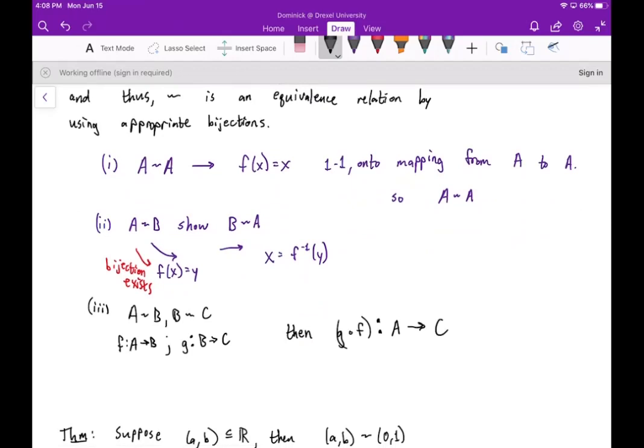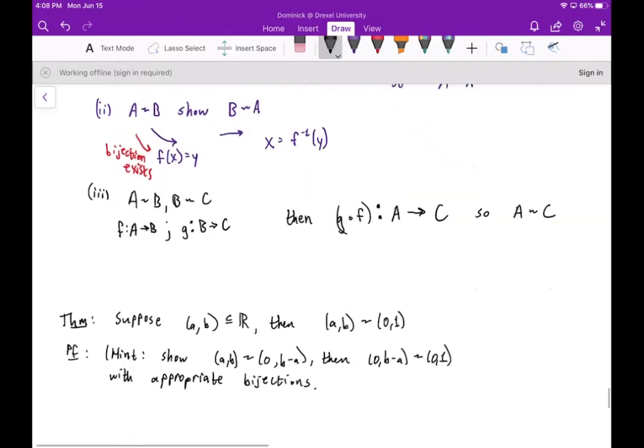So then that shows that we have a bijection from A to C. Right? So A is equivalent to C. All right, so that's how we can show these set equivalences using appropriate bijections.